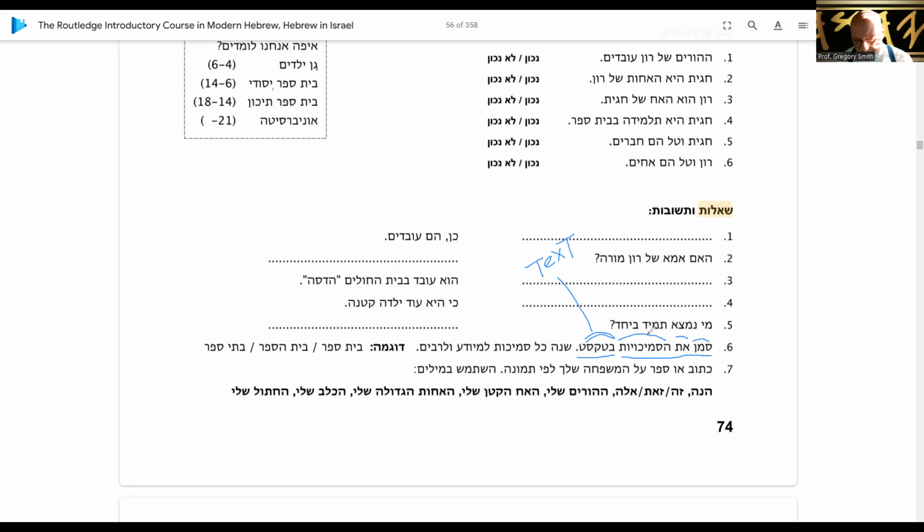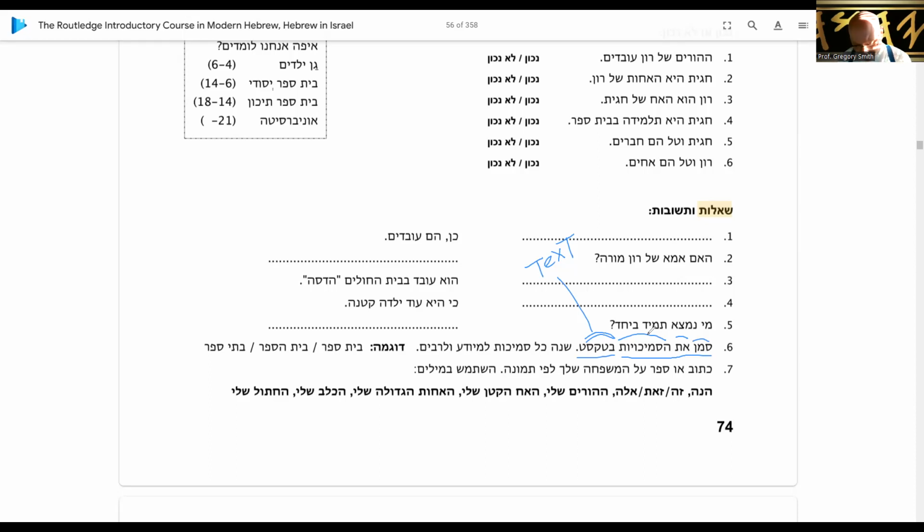Now that word there, that's actually the first I've seen that word. Hasmikhiyot. And it looks like that's not correct. It's only got one in there. Huh. Okay, let's try that one.